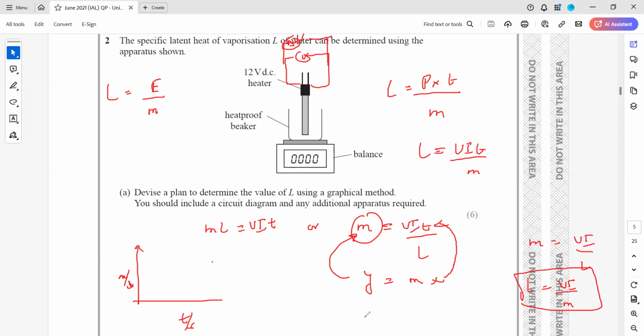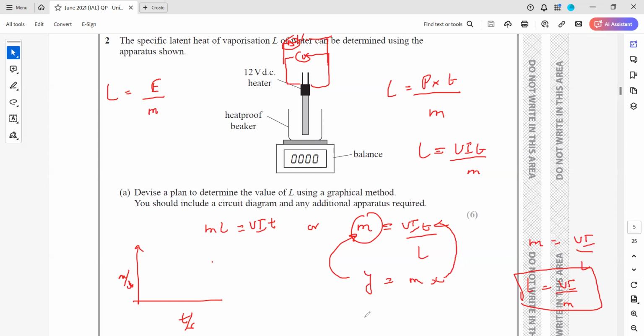So first we'll measure the mass, as we are determining the latent heat, and we switch on the heater until the liquid starts to boil. When the liquid starts to boil, we record the time for all the liquid to boil off. And then use the voltmeter and ammeter readings to measure voltage and current.